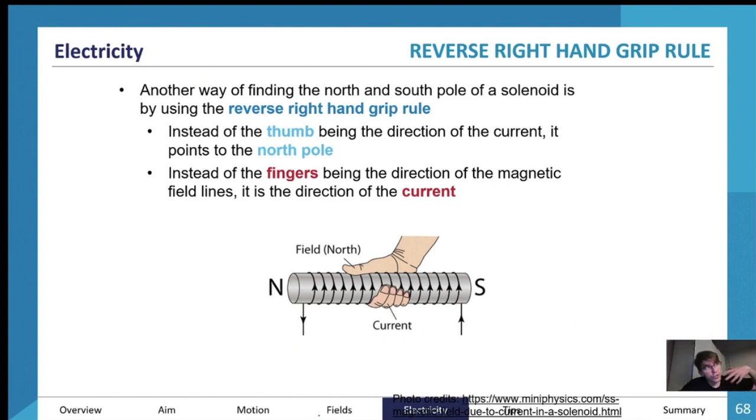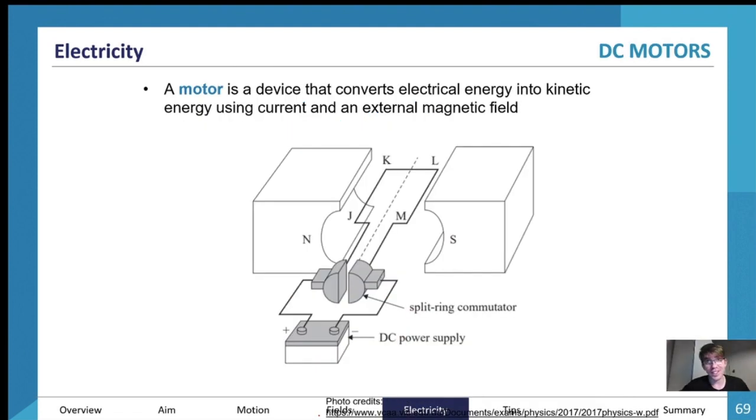So if electricity can generate magnetism, can magnetism generate electricity? And the cool thing is, the answer is yes. If you rotate a circular coil between two magnets, electricity will be generated. And that is what we call generators. But bear in mind, there is a difference between motors and generators. If you're already running current through a coil between two magnets, then the coil will turn by itself.